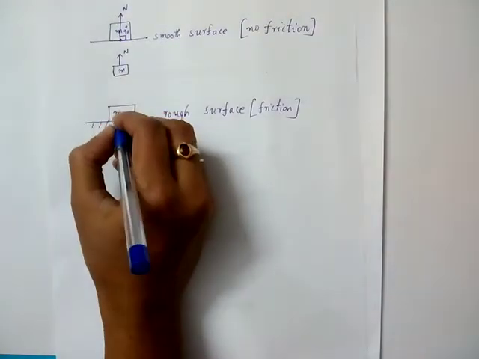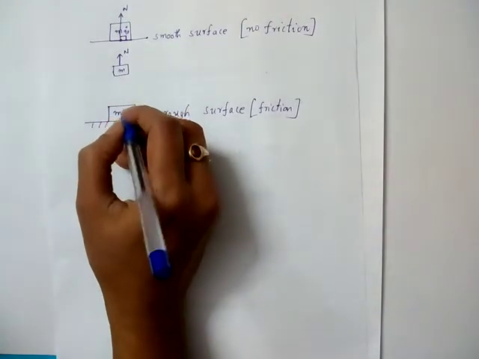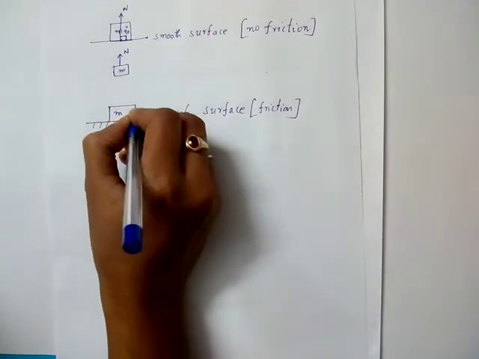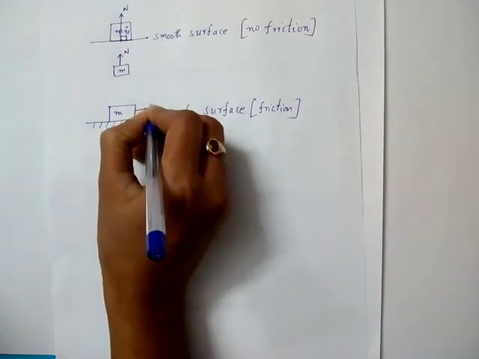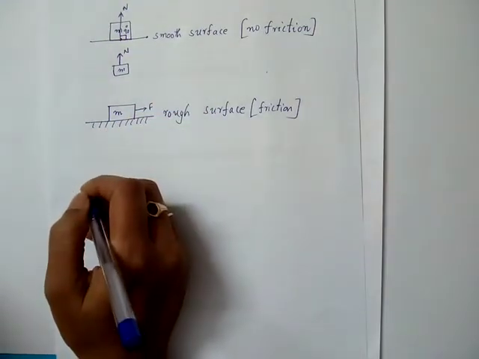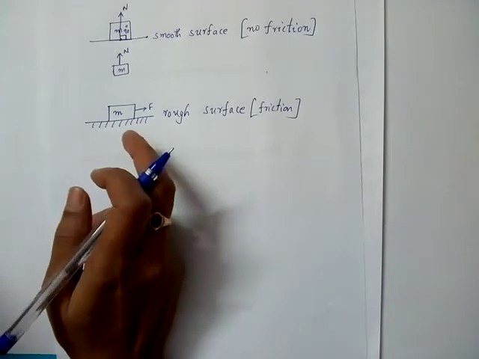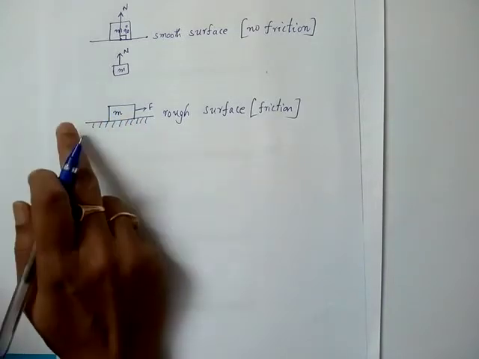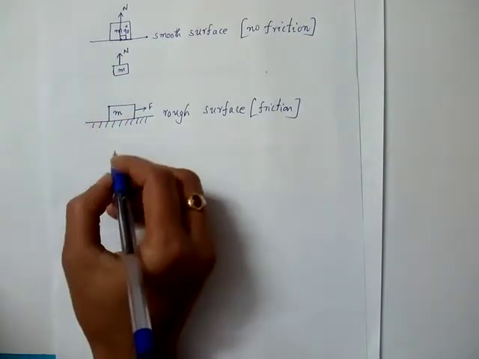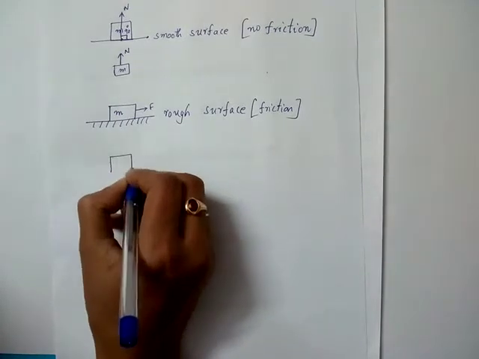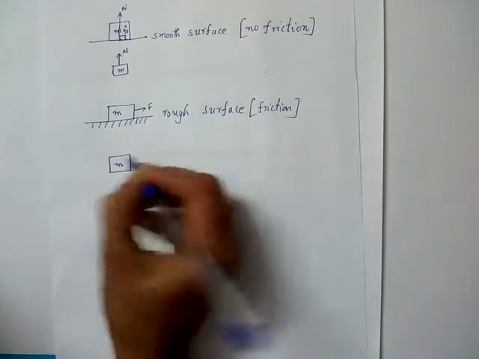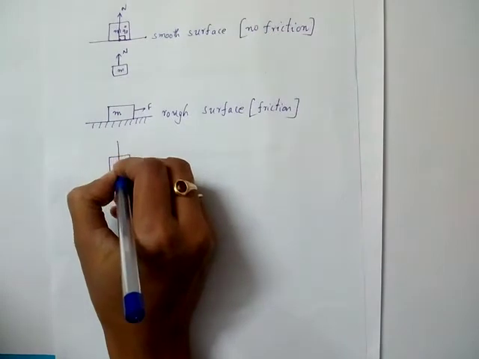Okay, so here let us consider the force acting on the body is in this direction. So frictional force acts opposite to the actual net force. Now free body diagram you have to draw. Mass and normal force is acting.